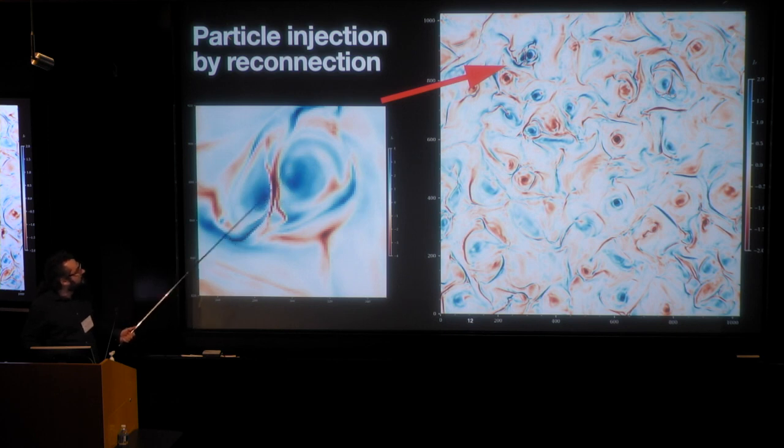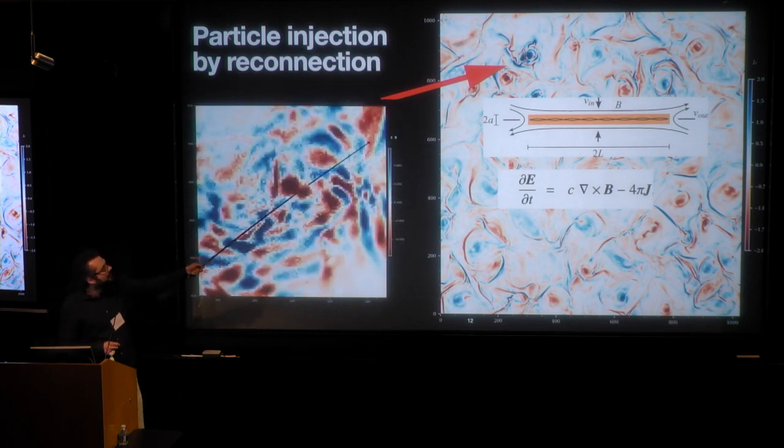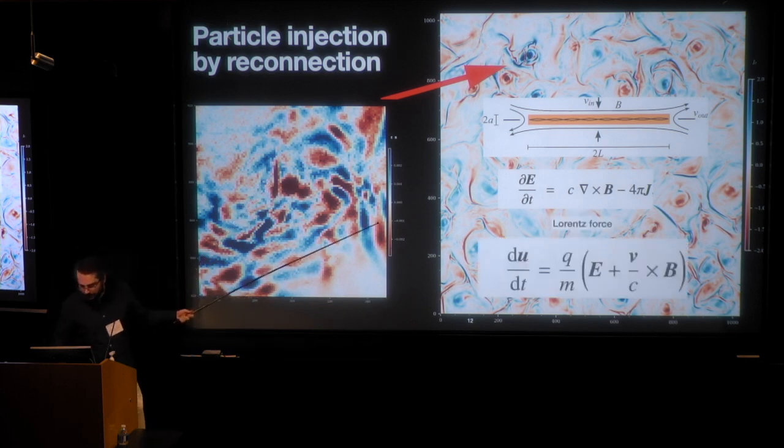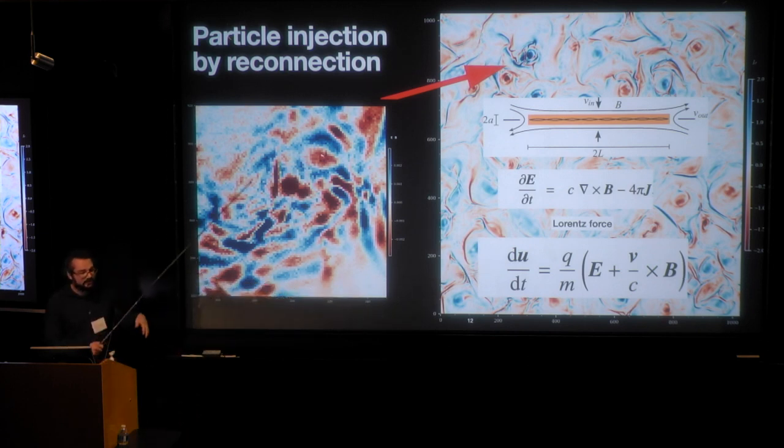If the particle is lucky and gets here, into the area of magnetic reconnection in this current sheet, the current creates an electric field. If we plot the same region but in electric field projected on the magnetic field, we see a strong electric field that can accelerate our particle along this electric field until it quits this reconnection region.